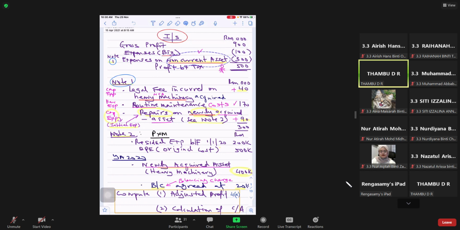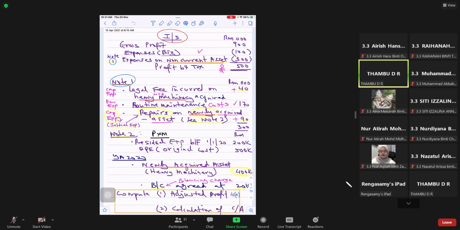Expenses on non-current asset, I have to go and analyze. If it is repair, that is routine expenses, maintenance, allow. If any expenses on non-current asset is renovation, improvement, capital expenditure, initial expenditure, cannot.